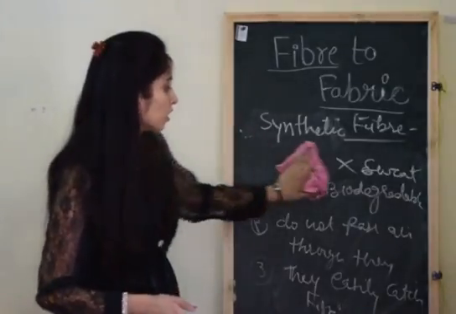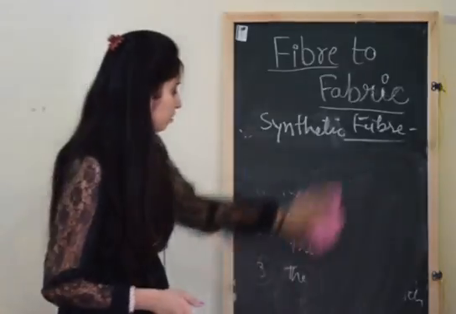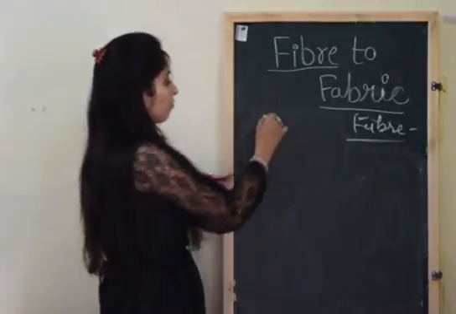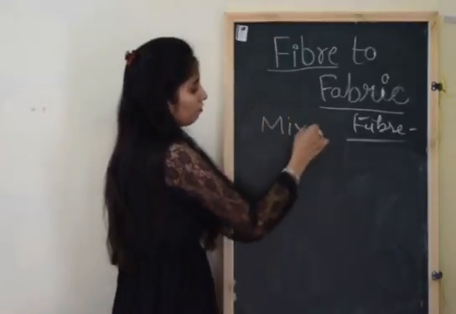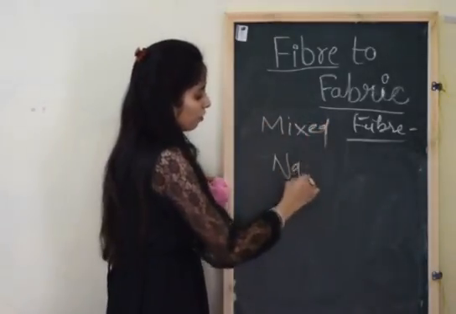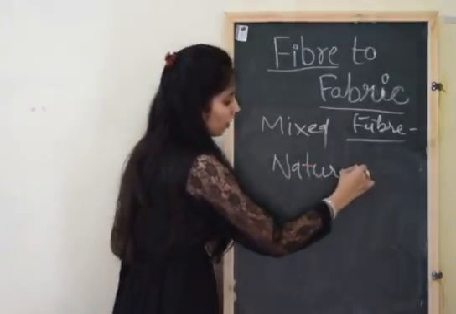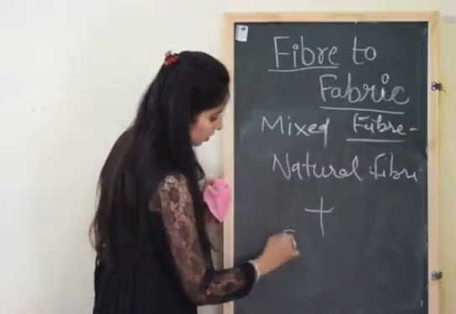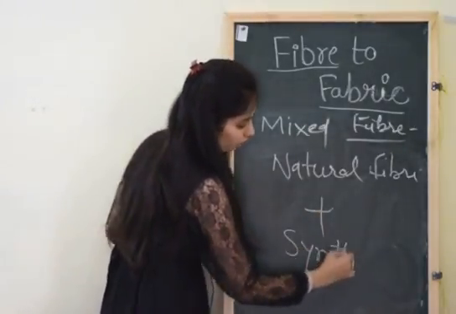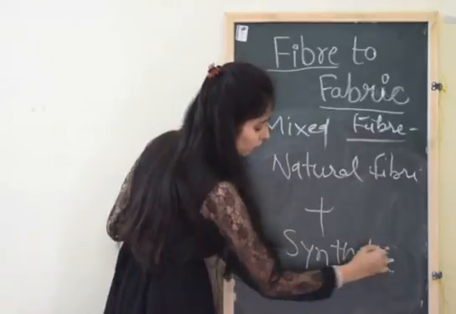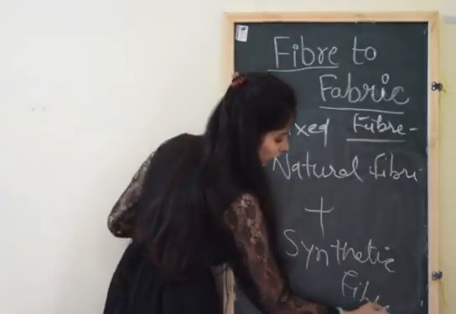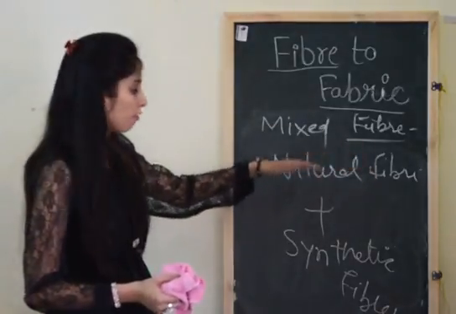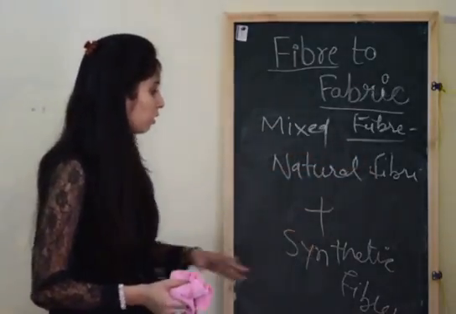Now the third one is mixed fibers. Mixed fibers have the occurrence of natural fibers as well as synthetic fibers. So they have some characteristics of natural fibers and some characteristics of synthetic fibers also.